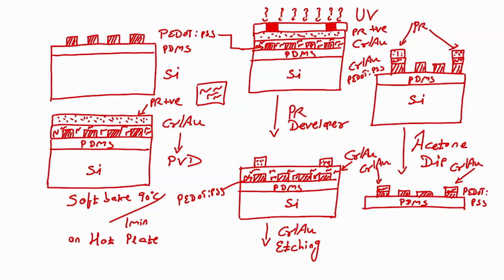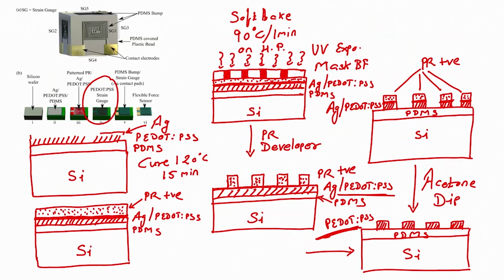You will have PDMS with strain gauge, and on the contact of the strain gauge you have chrome gold. So, what will we have? We will have this particular structure, not this particular structure, it is just that the bump is not there.